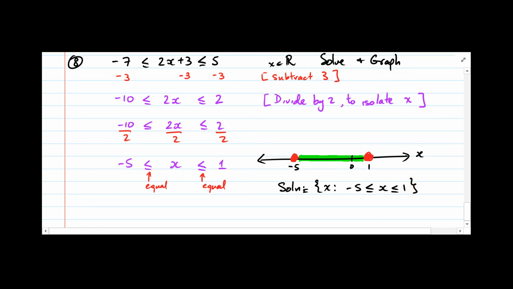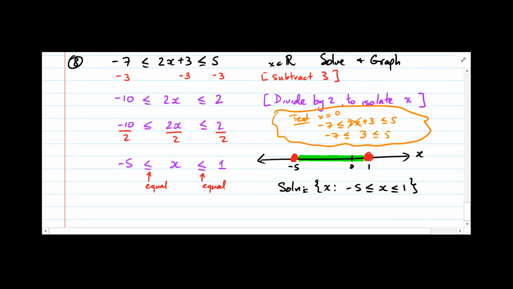Okay. If you wish, we could do a little aside here. If I test, a convenient point to test is, say, x equals 0. If I put that in my original inequality, I end up with negative 7, the 2 times 0 would go away, 3 less than or equal to 5.